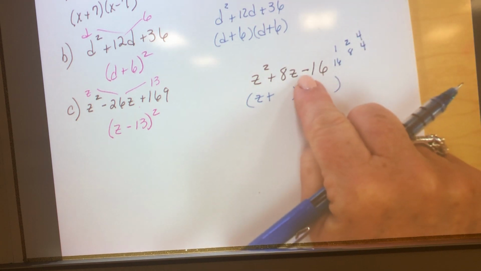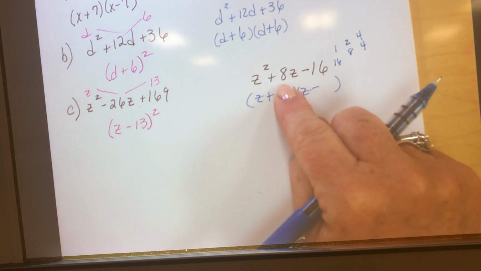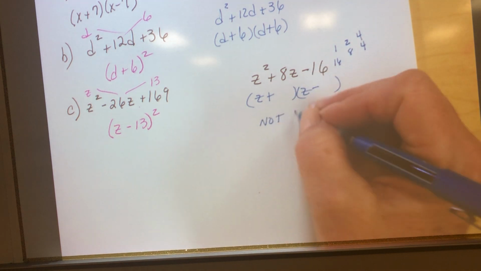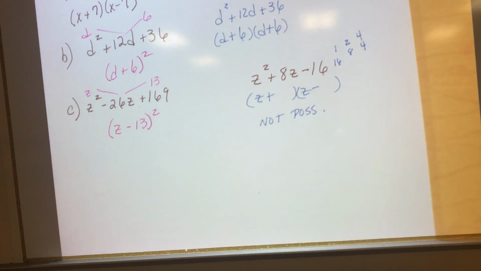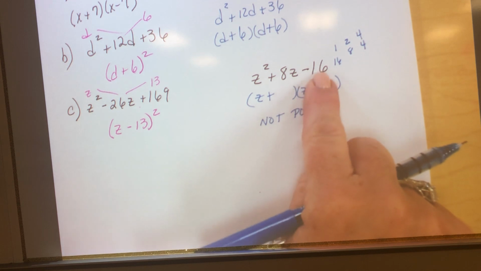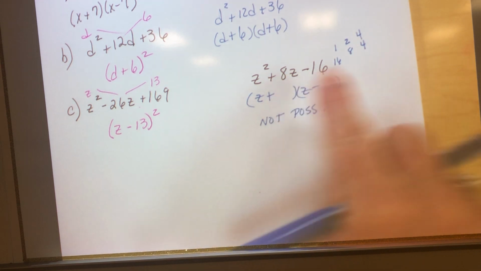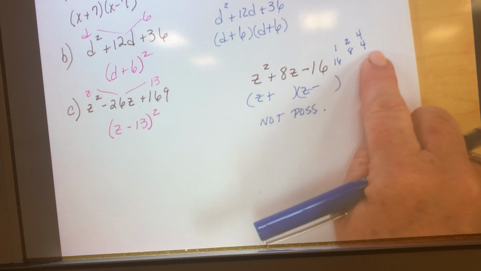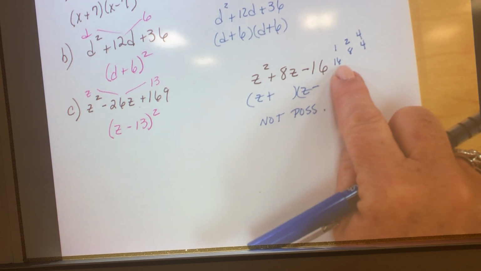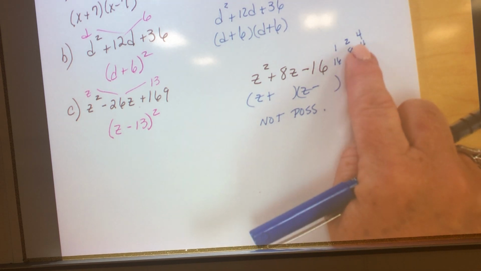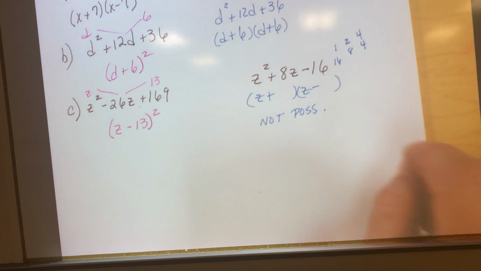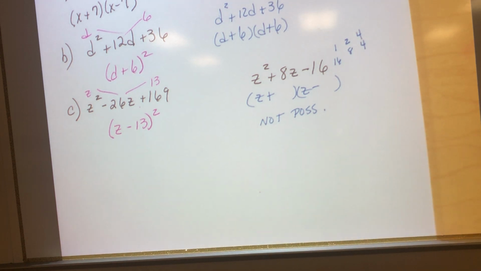Who subtracts to be 8? None of them. Not possible. There are no factors of 16 that subtract to be 8. These are all the factors of 16. 16 minus 1 is 15, 8 minus 2 is 6, and 4 minus 4 is 0. So no, there aren't any of them.